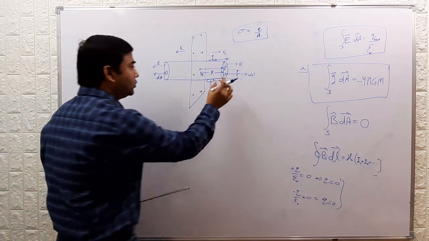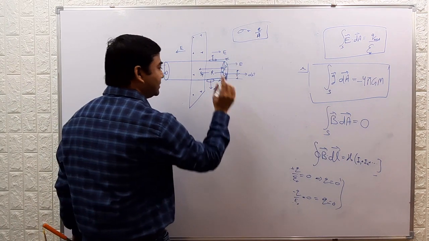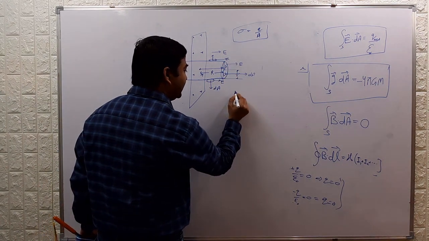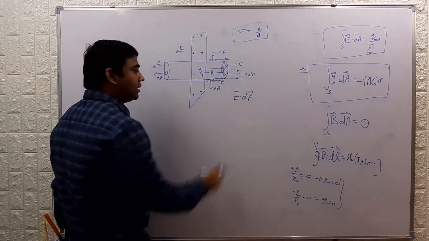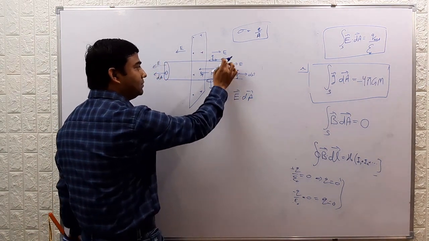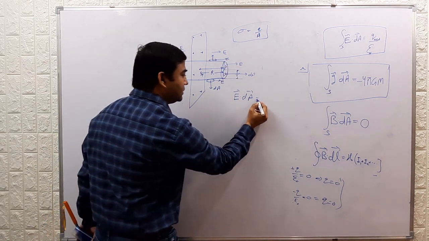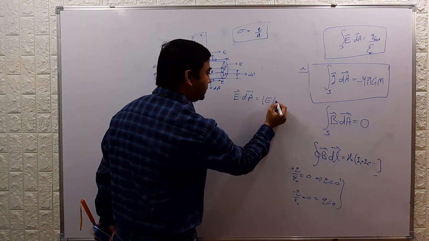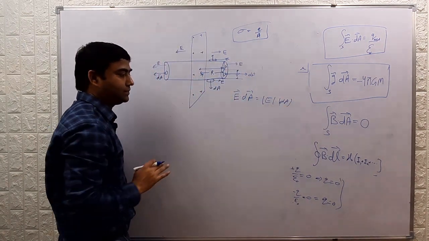Now we have to find the dot product only for this flat surface and this flat surface. For this flat surface, for a small area, the dot product is E dot dA. E is uniform by symmetry, E is the same at all points. So it is the magnitude of E times the magnitude of dA, because both vectors are in the same direction.